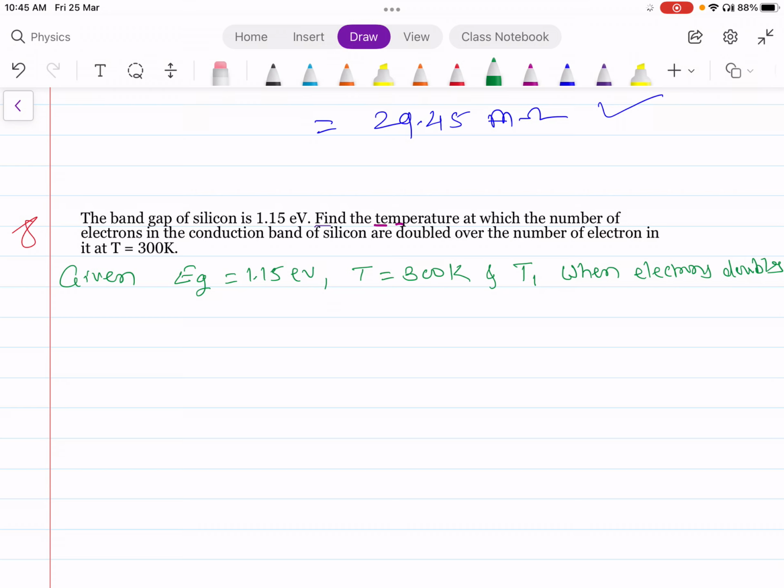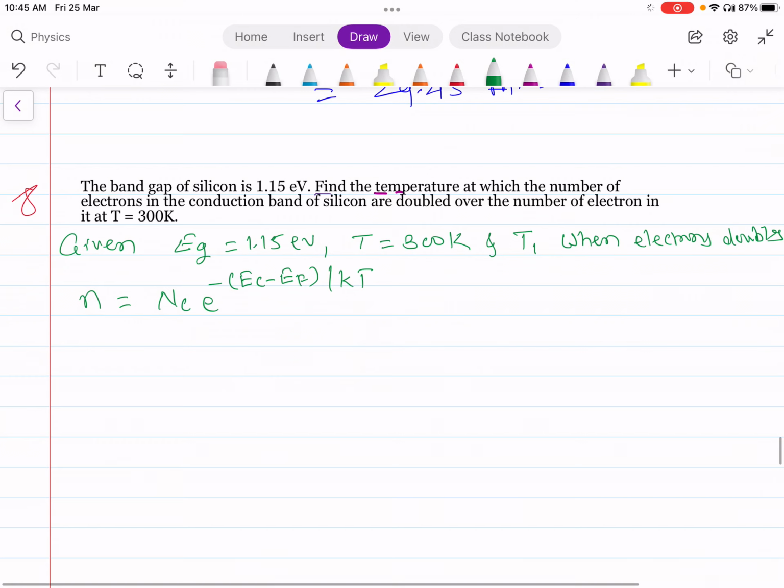We have the equation for finding the electrons: N equals Nc into e raised to minus of Ec minus Ef upon KT. This we can modify to N equals Nc e raised to minus of Eg upon twice KT.